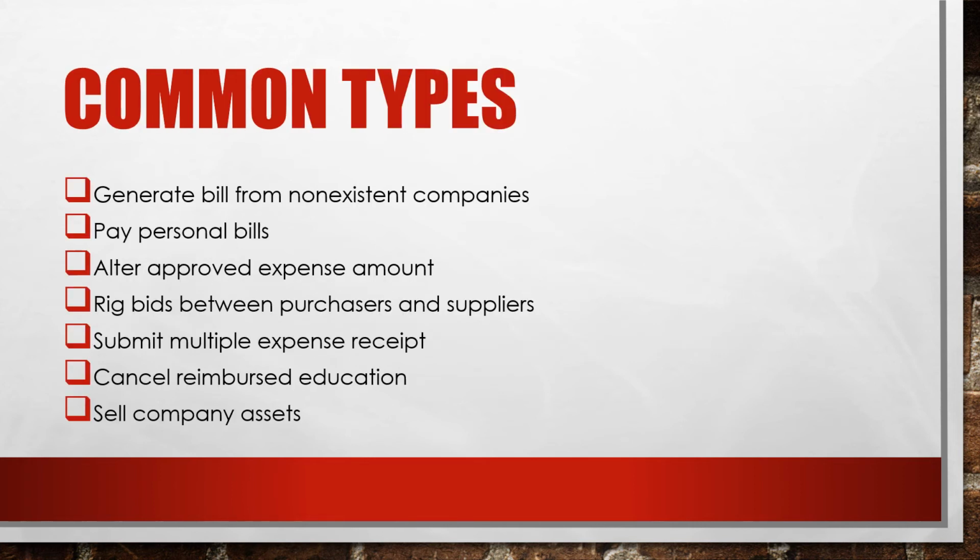What are the common types of fraud? So, these are the common types of fraud. First, generate bills from non-existent companies. So, ang isa ka empleyado, nag-generate siya bills sa isa ka company na wala nag-exist. So, that is considered as fraud. Next, pay personal bills. So, ang isa ka employee pod, nag-incur siya personal expenses. For example, load, diba?